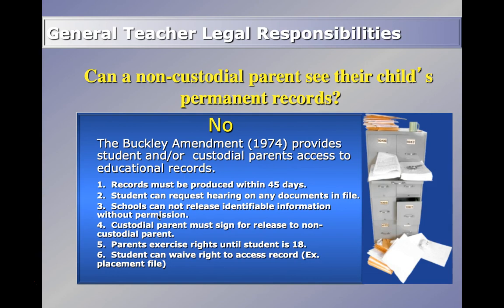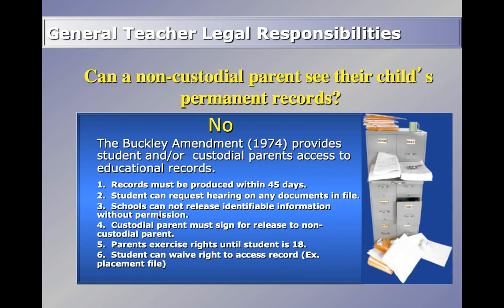And the parents have the rights until the student is 18, then it becomes his right. For example, with all of you listening to this, I cannot talk to your parents about how you're doing in this class unless you waive that right.